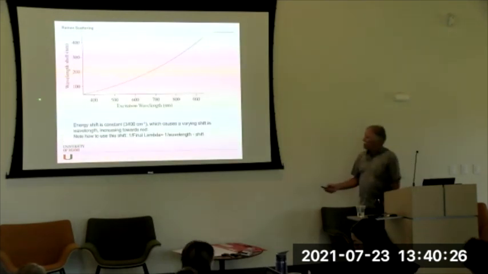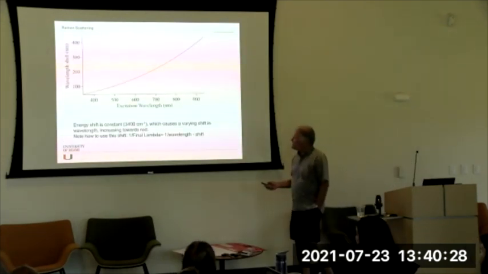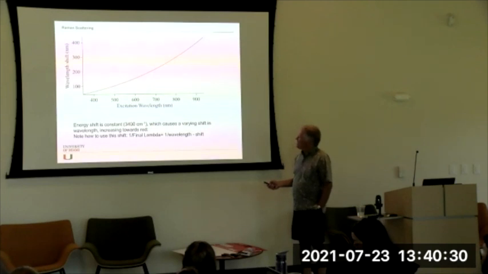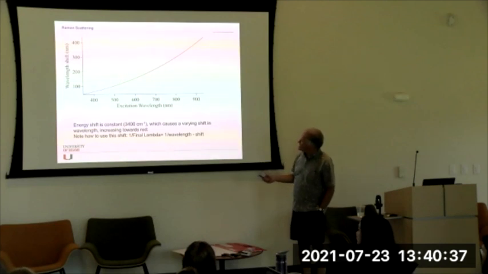So you need to make sure you have the right exponent for whichever way you're calculating. As I said, the energy shift is constant, 3,400 inverse centimeters, which causes a very shifted wavelength. This is just to show you what that is. If you start out at 400 nanometer excitation, then the wavelength shift will be somewhere around 60, 70 nanometers.